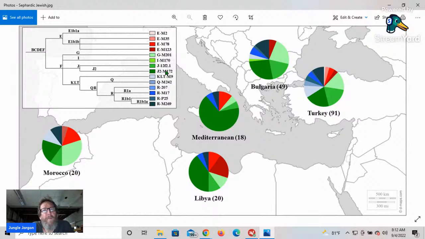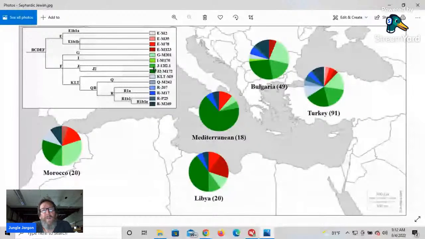Or maybe I can just go ahead and explain it right now, because the Cohen modal haplogroup is J1. And the Cohens, the priests of Israel, are descended from Levi.